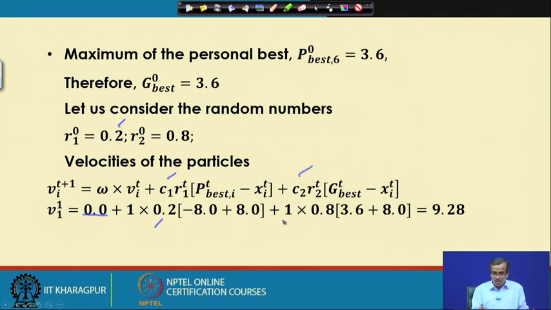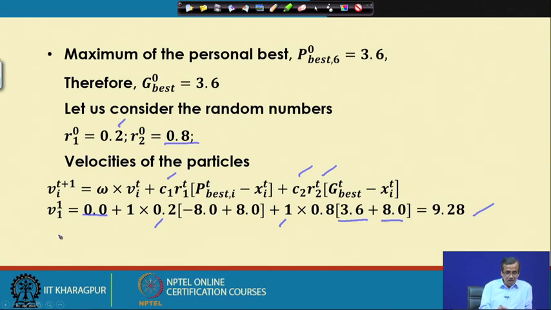C2 is nothing but 1, R2^t is 0.8, then globally best is 3.6. So, 3.6 minus x_1^0, that was minus 8.0. So, this will become plus 8.0, and if you calculate, this will become 9.28. So, this is nothing but the velocity of particle 1 at the next iteration.